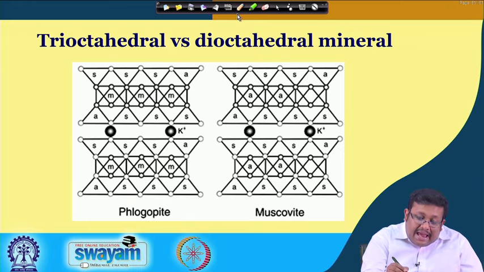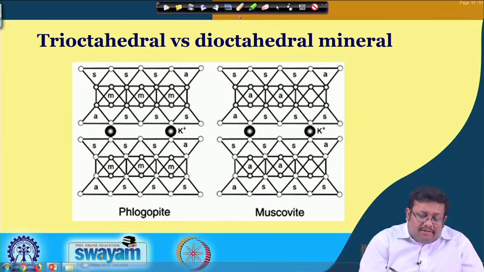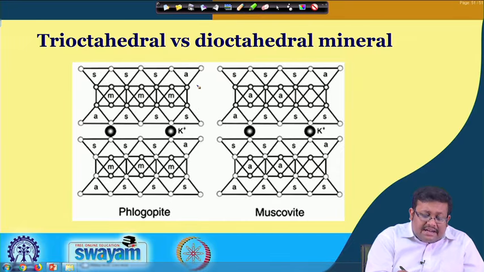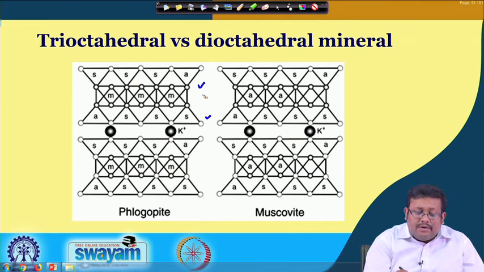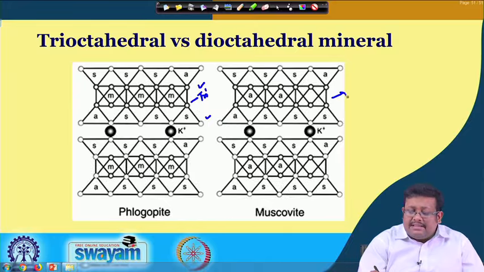As a result of the tetrahedral and octahedral arrangement, in this case it is trioctahedral, and this is called dioctahedral.